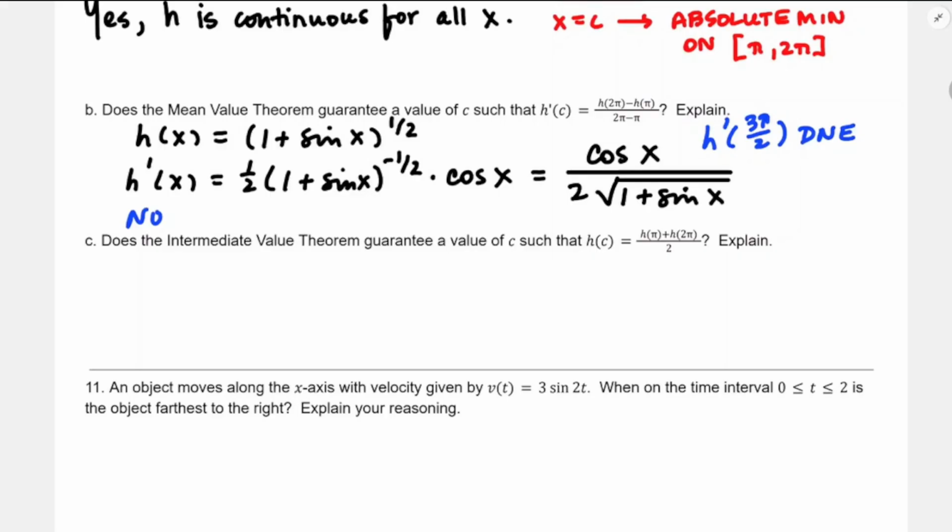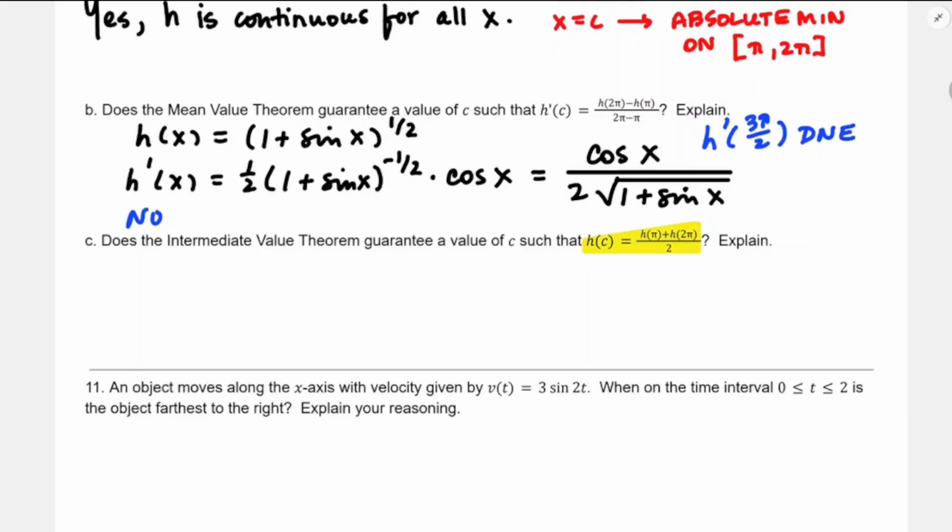So, does the intermediate value theorem guarantee a value of c such that h of c is h of pi plus h of 2 pi, divided by 2? This was new terminology I had not been familiar with that I noticed recently, and I thought I'd show y'all. h of pi plus h of 2 pi divided by 2 is just the point halfway between h of pi and h of 2 pi.